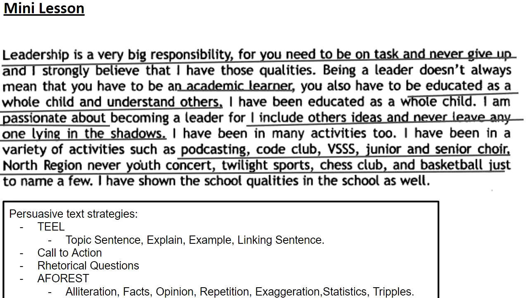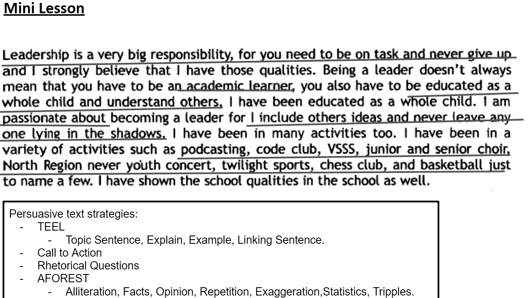"I have been in many activities too. I have been in a variety of activities such as podcasting, Code Club, VSSS, Junior and Senior Choir, North Region Youth Concert, Twilight Sports, Chess Club, and basketball, just to name a few. I have shown the school qualities in the school as well."